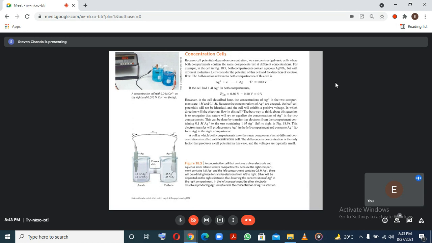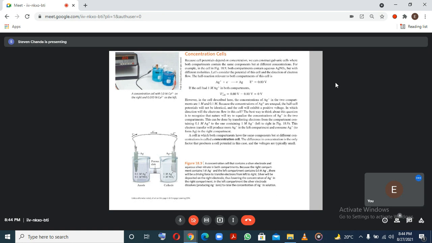In that way, their aim, remember, is to stabilize the concentrations. That's something that's very, very important. So to stabilize this galvanic cell, the electrons will move from the left to the right.